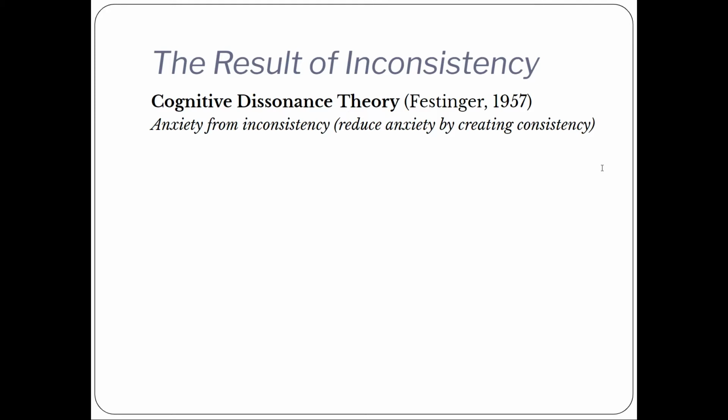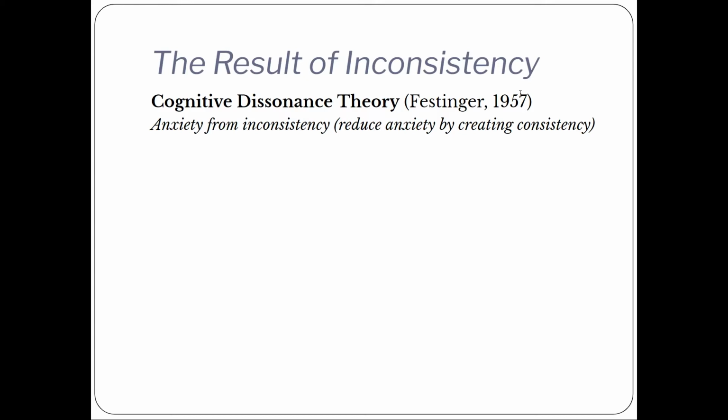One of the repercussions is described by cognitive dissonance theory by Festinger in the 1950s. Basically, this theory says that when we have inconsistent cognitions and behavior, some kind of anxiety arises from it, and we are motivated to reduce the anxiety by creating consistency.